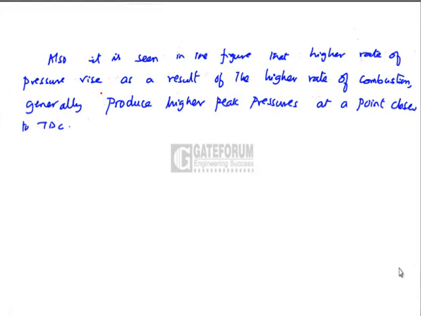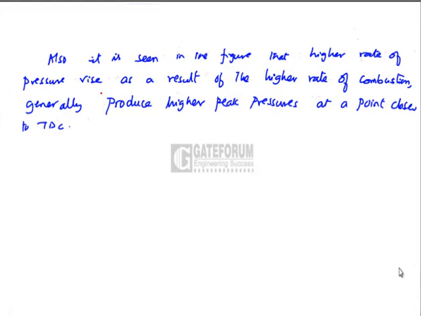The higher rate of pressure rise causes rough running of the engine because of vibrations and jerks produced in the crankshaft rotation, and also tends to create a situation conducive to an undesirable occurrence known as knocking.